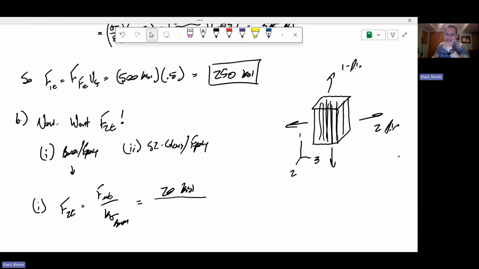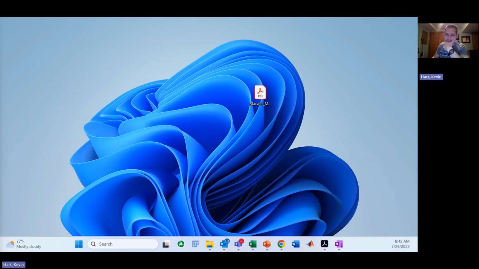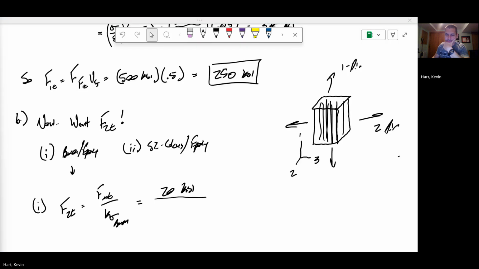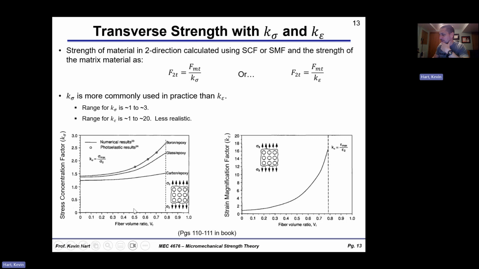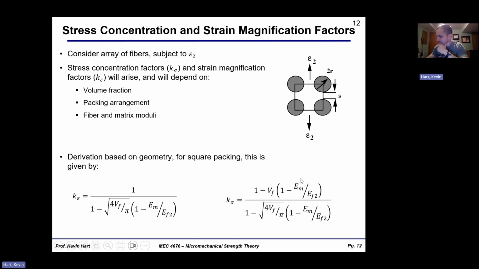All right. You would have to calculate this, right? The stress concentration factor, like I showed in the notes, uses a lot of different information about the composite, including the elastic modulus of the matrix, the elastic modulus of the fiber in the two direction, and then volume fraction.